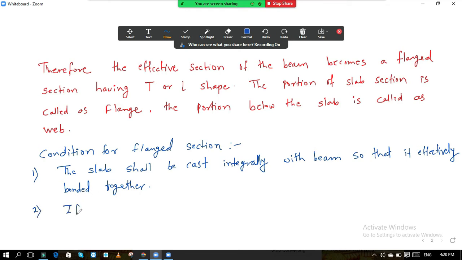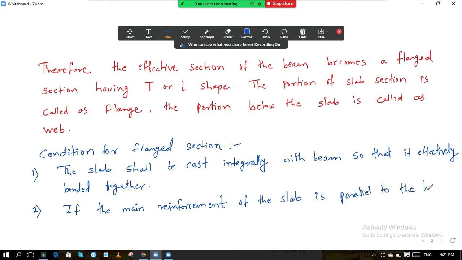If the main reinforcement of the slab is, I already told you, the main reinforcement of the slab is parallel to the beam.